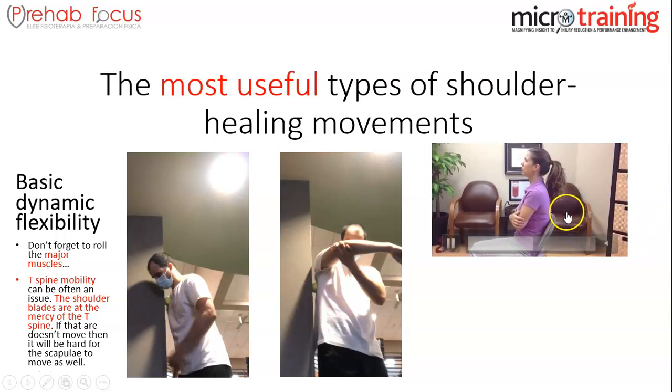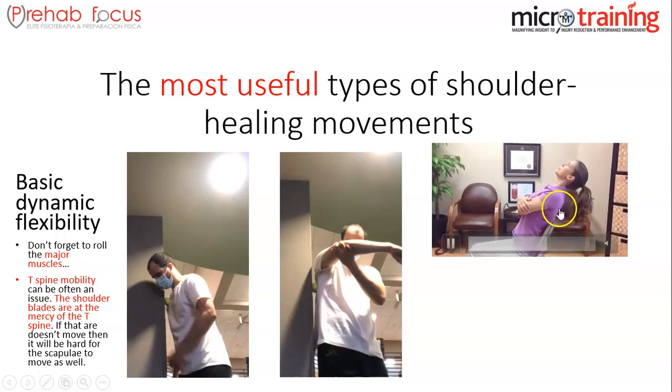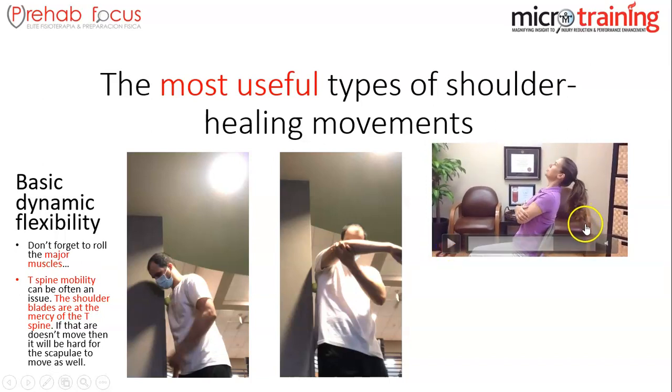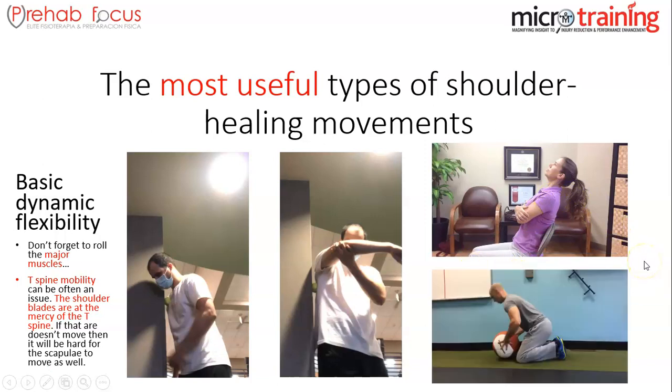Over here we have a very useful exercise that doesn't require any equipment. Thoracic spine mobility exercise. You can hold a little bit in the back position over here. Very useful exercise, and after a while it will give you better thoracic spine mobility. And over here, another very useful one.